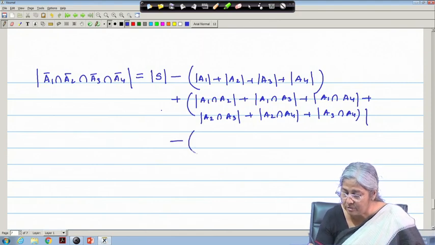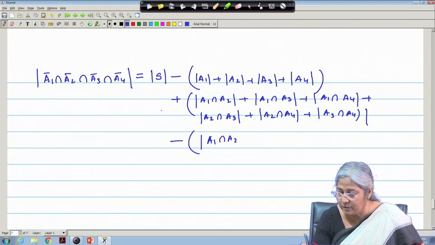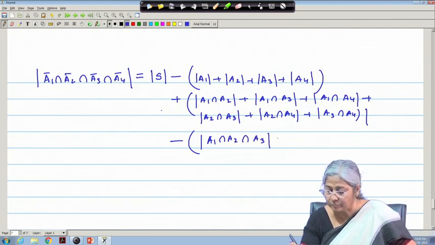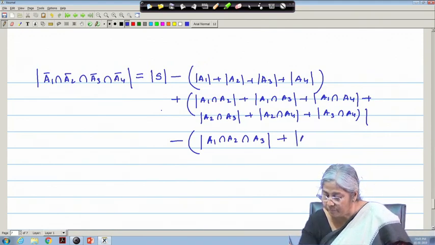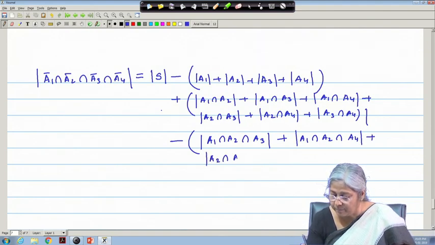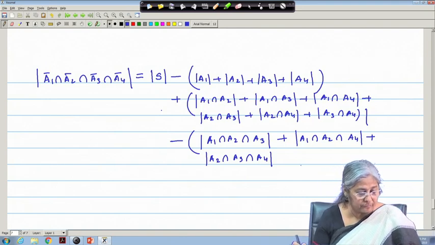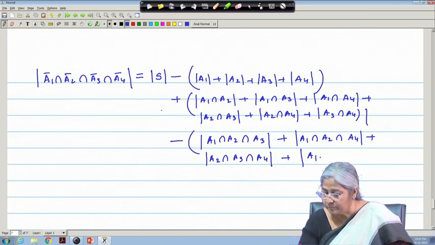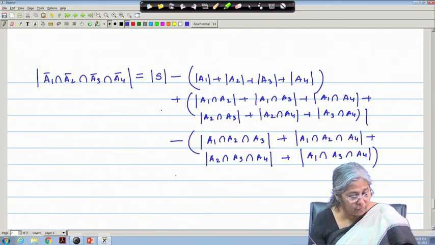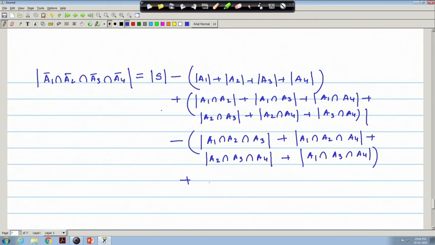I should take 3 combinations, then A1 intersection A2 intersection A3, plus A1 intersection A2 intersection A4, plus A2 A3 A4, plus A1 A3 A4, then the 4 combinations are A1 intersection A2 intersection A3 intersection A4.